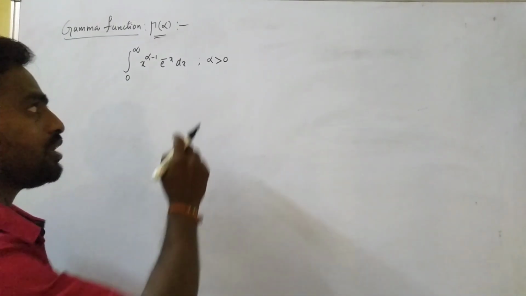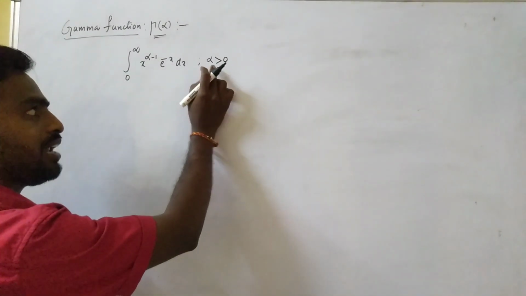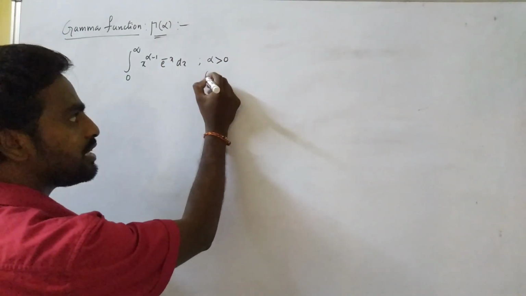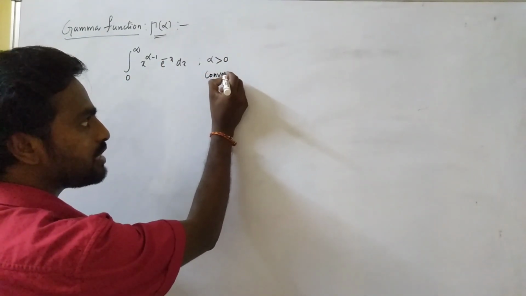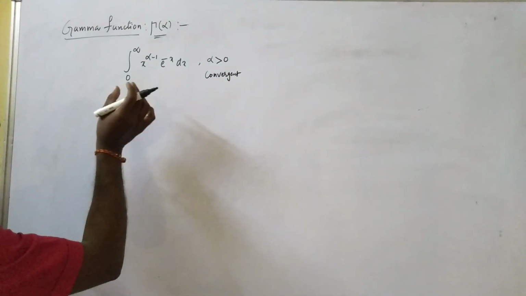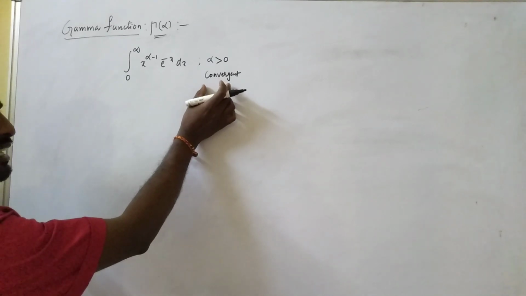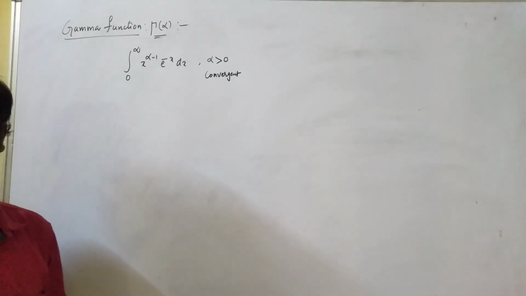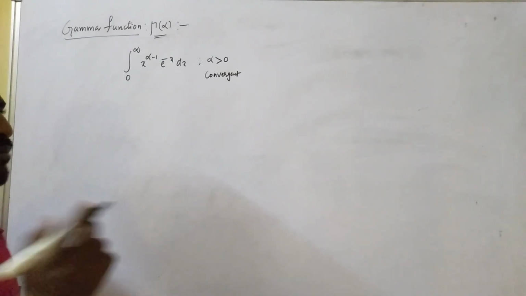So when alpha is greater than 0, this improper integral is convergent. Next we define: if it is a convergent integrand, we call this integral the gamma function.